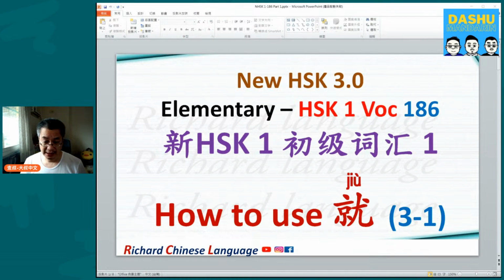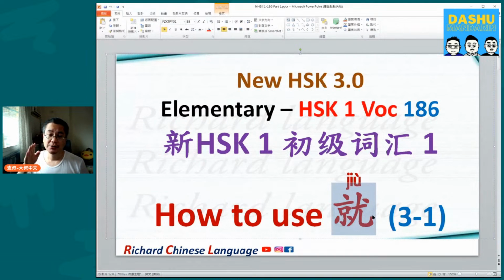This important word is 就. Many Chinese learners really feel confused about this word because it has a lot of different meanings and you don't know how to use it. So my suggestion is you need to know the basic use of it.